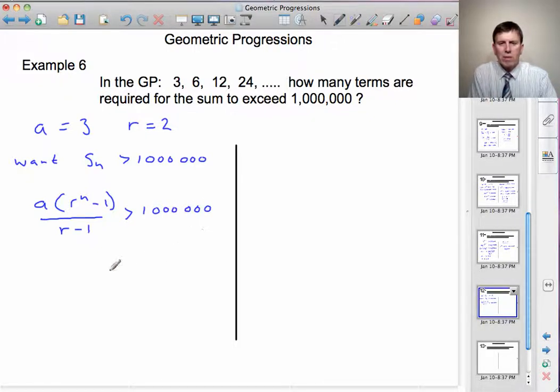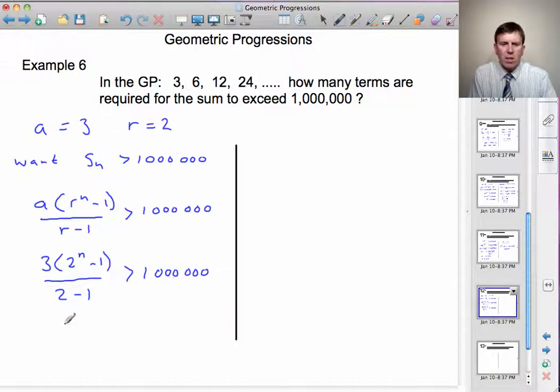Now we put in the values for a and r. So we get 3 multiplied by 2 to the n minus 1 divided by 2 minus 1 is greater than a million. Now 2 minus 1 is just 1, so I'm looking at 3 times the bracket is greater than a million.